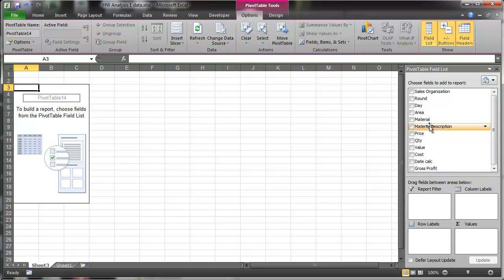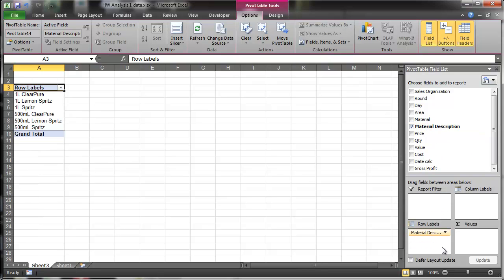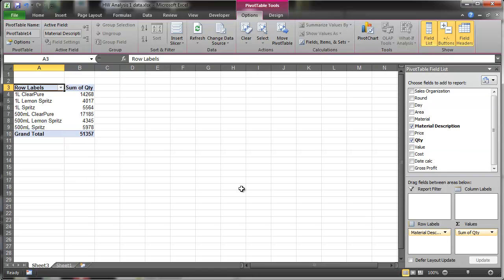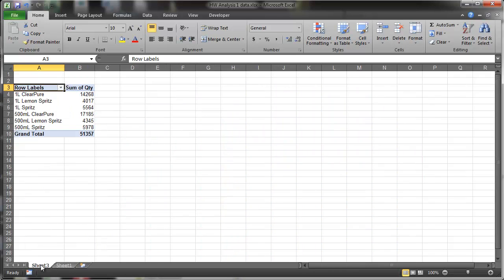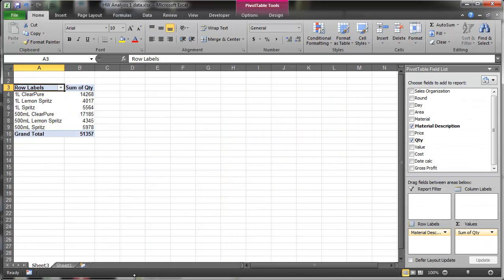So if I take the material description and the quantity, the quantity sold, so these are all sales. So there you sold 50 of the half liter spritz. There you sold 77 of the 1 liter clear, pure. These are all your transaction records of sales.